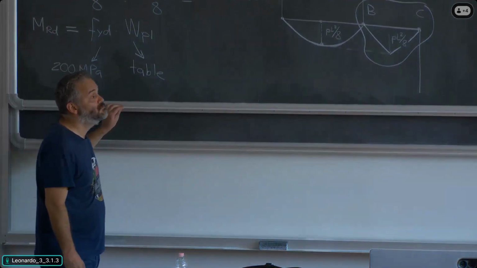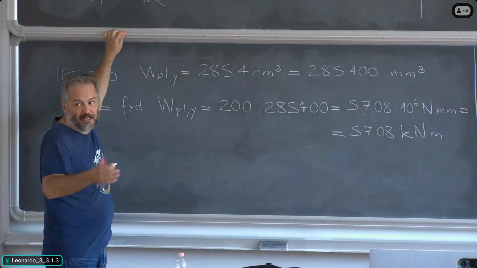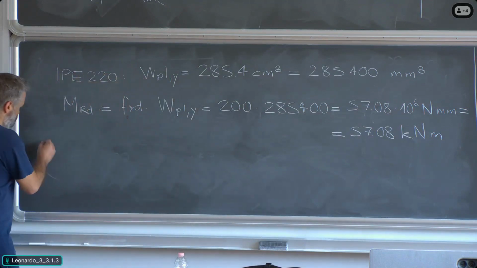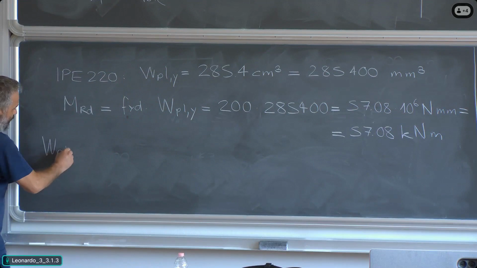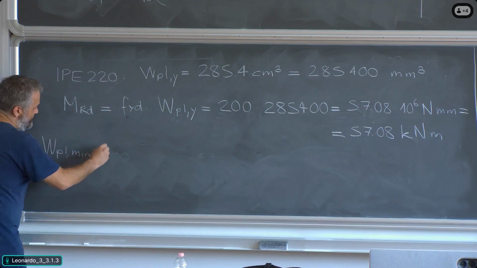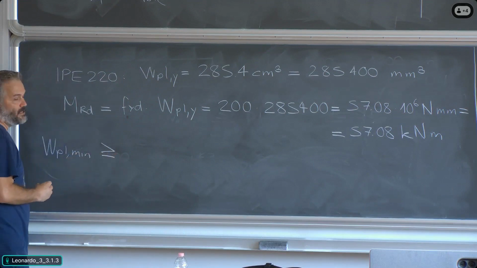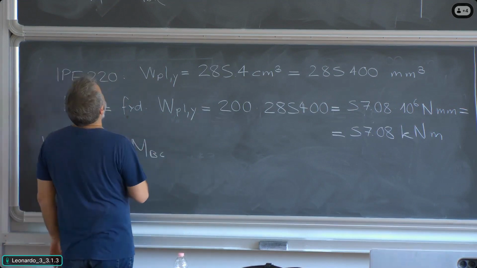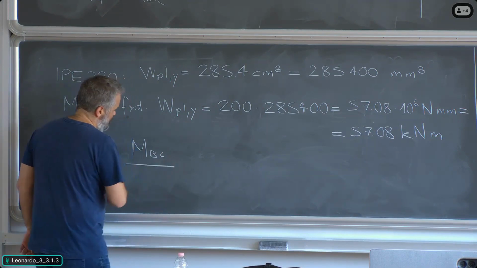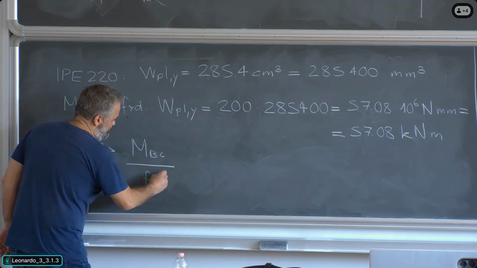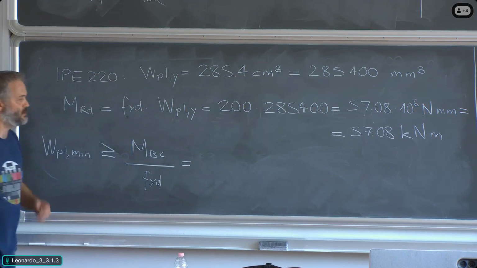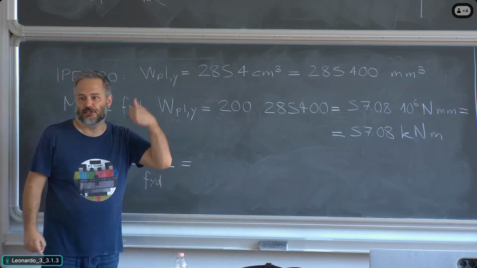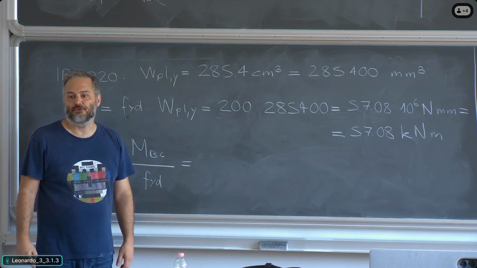How? Instead of doing trial and error, since the calculation is direct, let's do it like that. WPL minimum has to be larger than what? MBC, bending moment applied at ULS, divided by FYD. So, let's try it. What is MBC? You have it, we just saw it, 120 kilonewton meters.